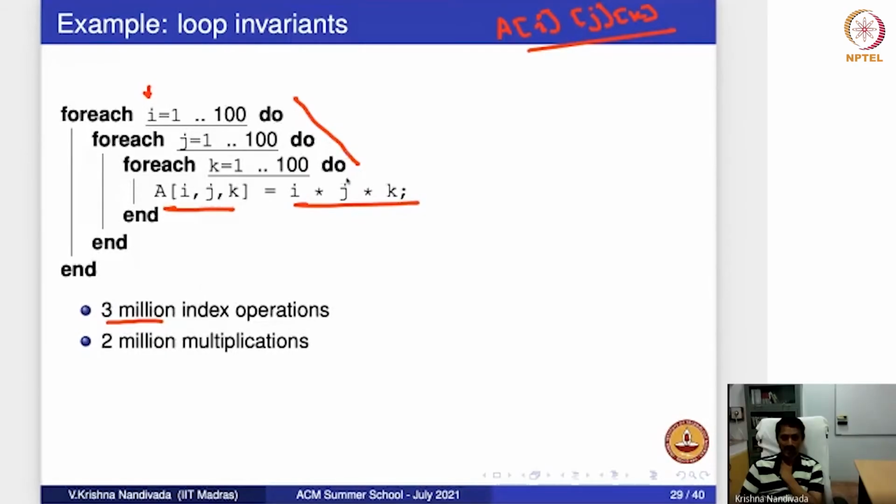So what I can do, this I times j, I can compute it once here. Correct? I can write T1 equal to I times j and replace this with T1. How many multiplications will it be then?